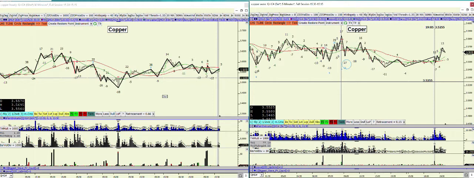But in general, as price goes up, demand should decrease. And as price goes down, supply should decrease. Why? Because you want to buy low and you want to sell high. Anyway, that's very important to be able to detect that normal type of behavior versus abnormal behavior, which is price as it goes up, there's more volume coming in.